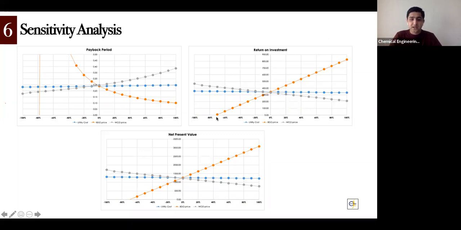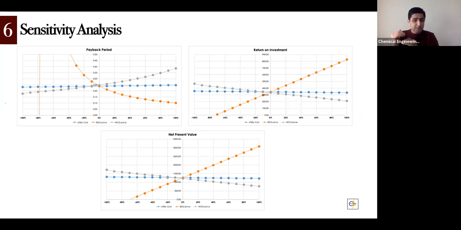Now, likewise, if there is any change in our biodiesel price, it affects the ROI strongly. You can see there is a very strong change in our value compared to our waste cooking oil and our utilities. You can see the utilities, they have no influence on our ROI. Likewise, the waste cooking oil has a slightly medium influence. Why? Because if the waste cooking oil price goes up, our profit is going down, right?